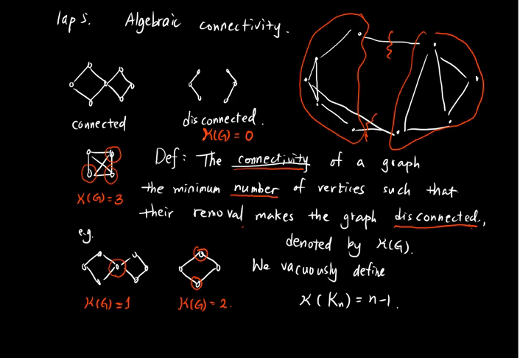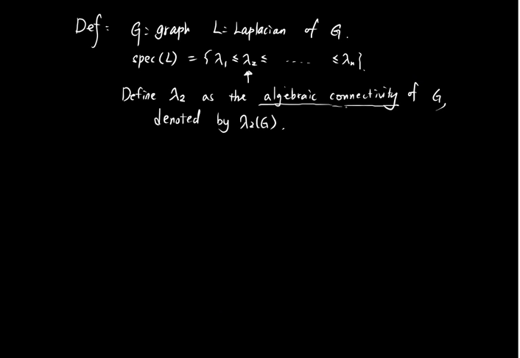Previously, there was some reason: after taking out a certain number of vertices, it becomes disconnected. But now we just talk about a certain eigenvalue. So there should be some reason behind it. So here are a few reasons why we call that the algebraic connectivity.